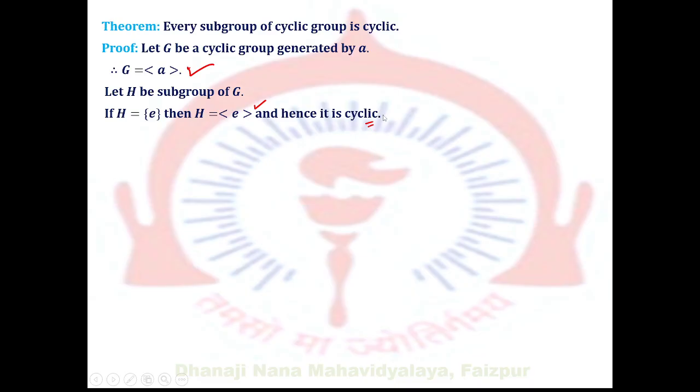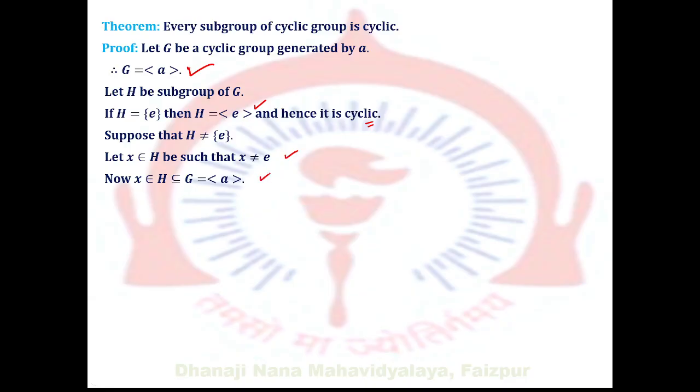Suppose that H contains one more element than e. So suppose that H is not equal to singleton e. So H contains one more element than e. So that x belongs to H such that x is not equal to e. Now x belongs to H, H is a subset of G, and G is here the cyclic group generated by a. So x can be written as some integral power of a.